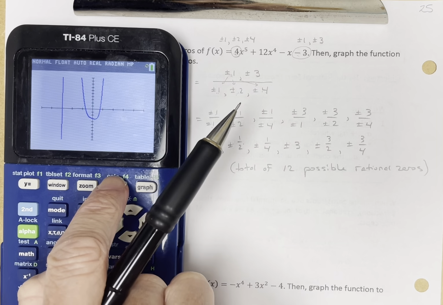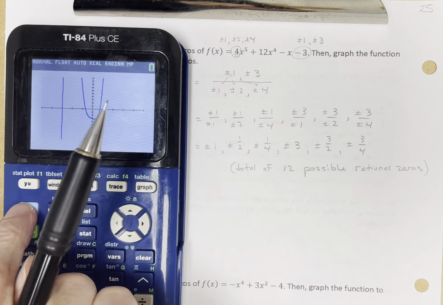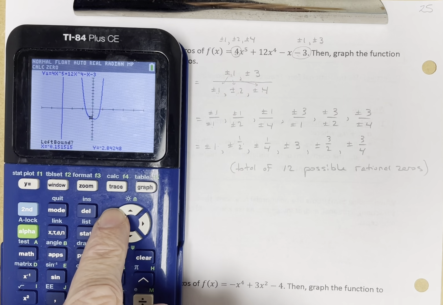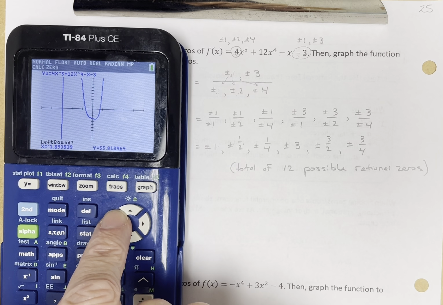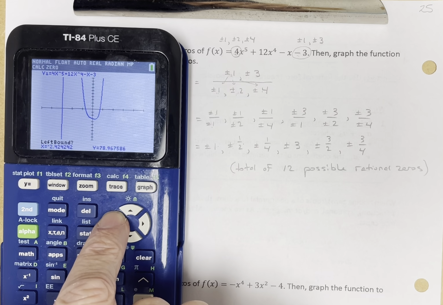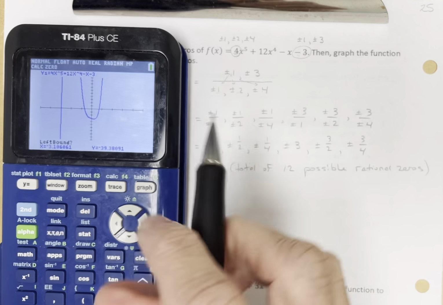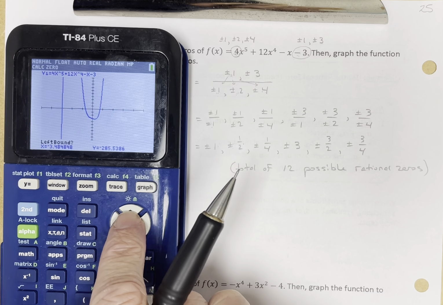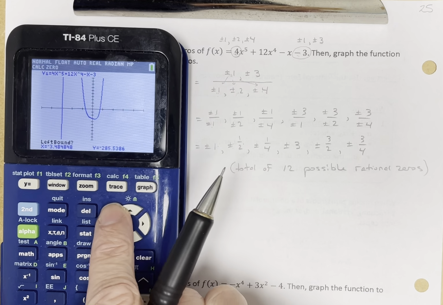All right, I'm looking over here. So again, second calc, the zero. I want to go over to the left bound over there. I want to be below that one. I got to figure out, here we come, maybe. My cursor lands somewhere. I seem to have misplaced it. Where did it go?